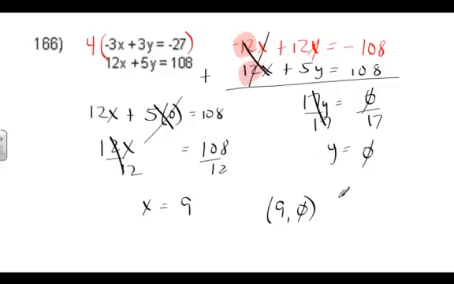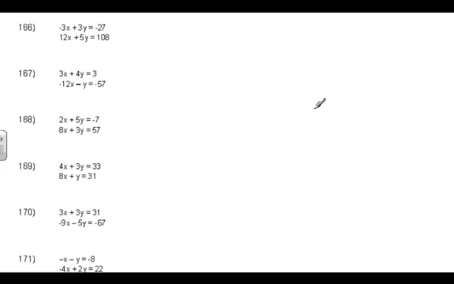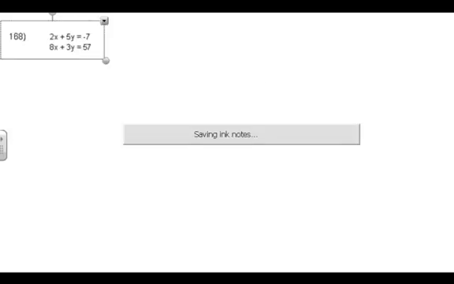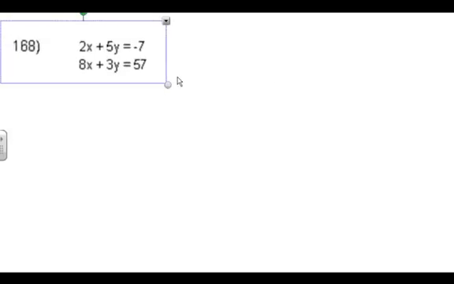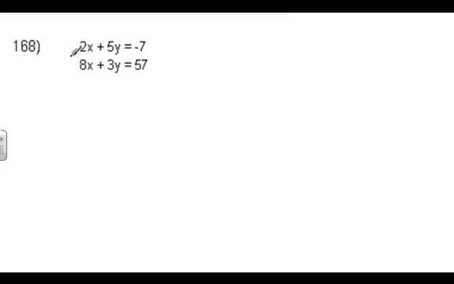Making sense? Yeah. Okay. 168? Okay, so which variable am I going to try to cancel? The x's. The x's, because the 2 and the 8 are factors and multiples.